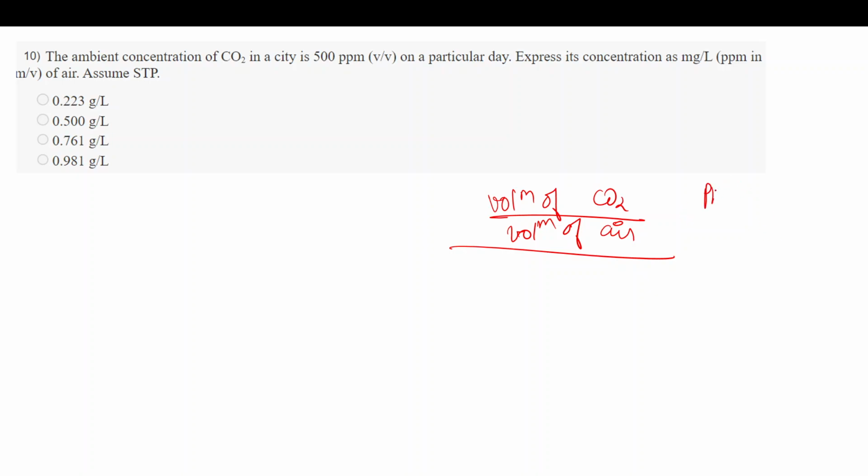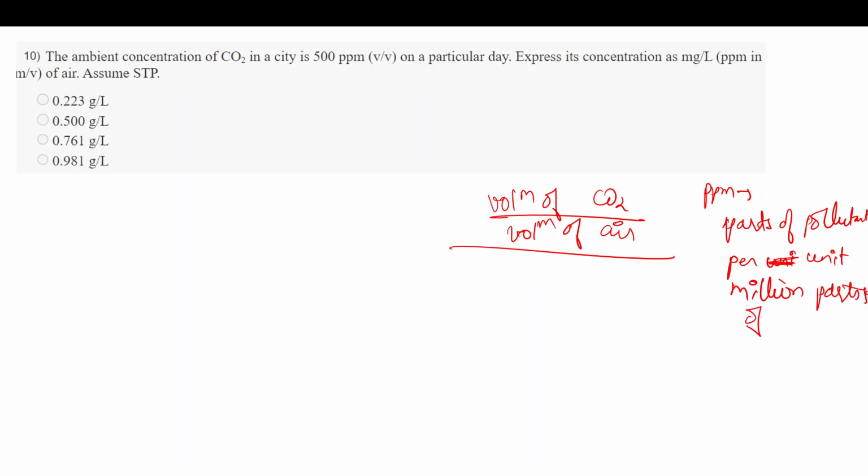Now ppm definition is nothing but parts of pollutant or any part per unit million parts, okay, of anything. So here ppm of CO2, so parts of CO2 in 10 to the power 6 parts of air.